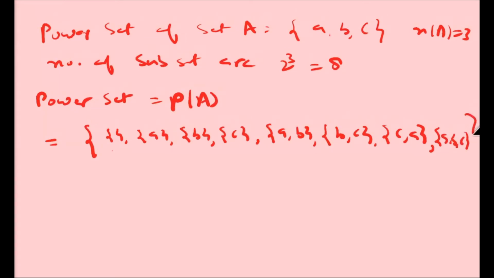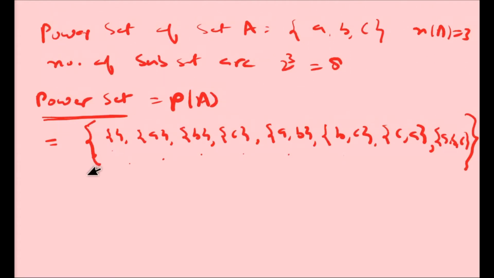Okay, now put it in curly brackets. So 1, 2, 3, 4, 5, 6, 7, 8. So when we put all of these in a bracket, these are the subsets, then we can find the power set. So after getting the subsets, we can find the power set.